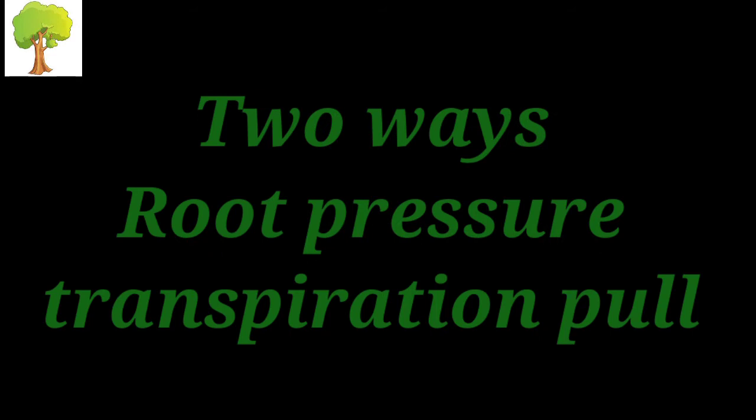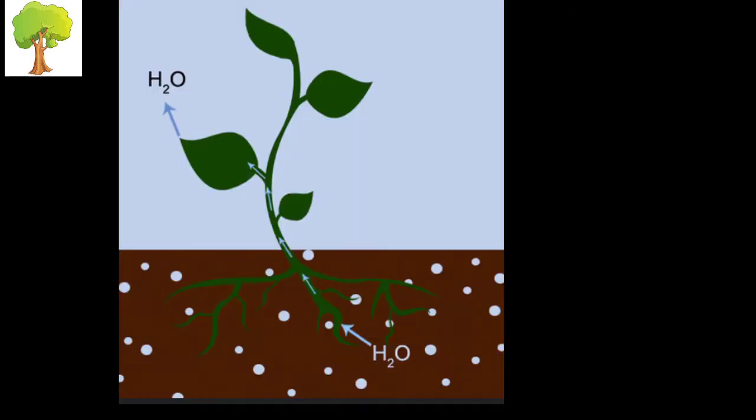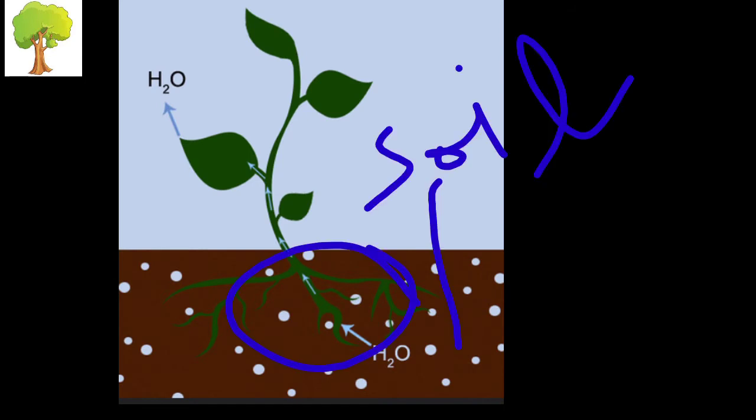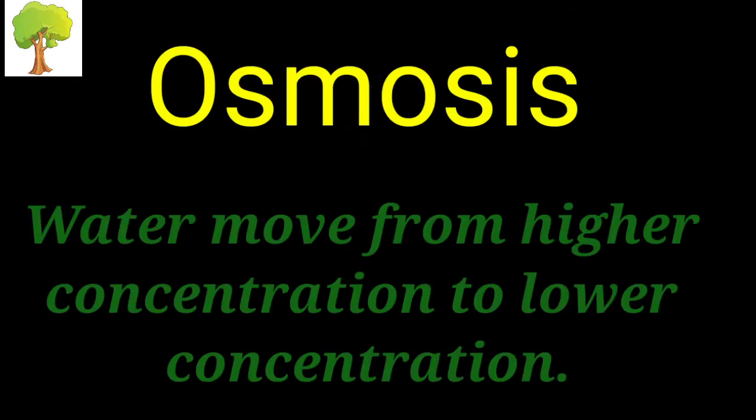They are root pressure. What is root pressure? Root cells which are in contact with soil take up the ions from the soil, and now roots have more ions and less water. Similarly, soil has fewer ions because the root absorbed all the ions, and soil has more water now.